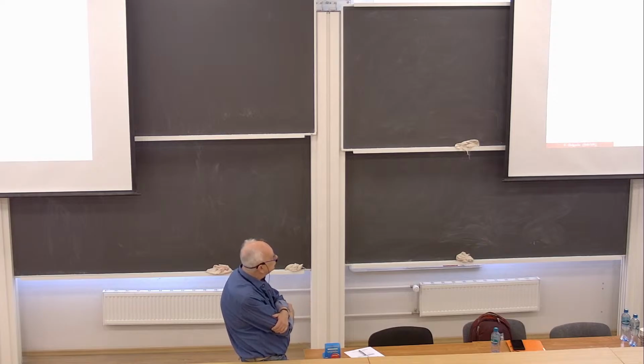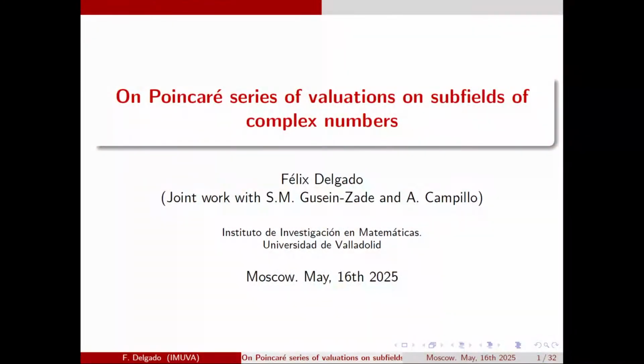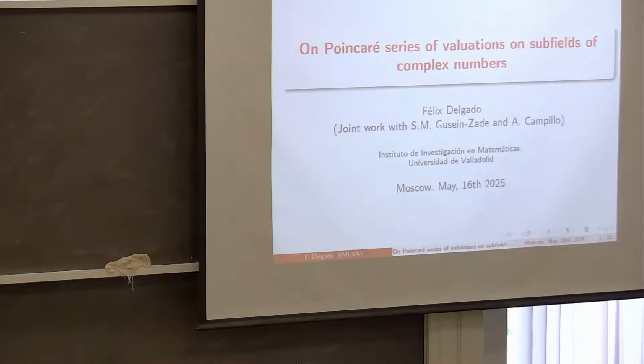I have to say that we started to collaborate with Sabir in '95. That means 30 years ago and 30 papers ago. So at that moment, probably neither he nor I expected to have such a long collaboration.